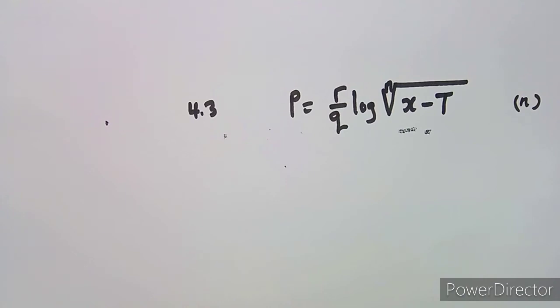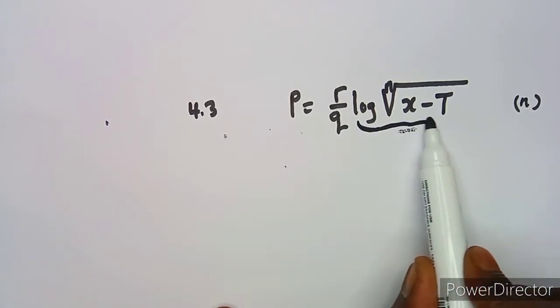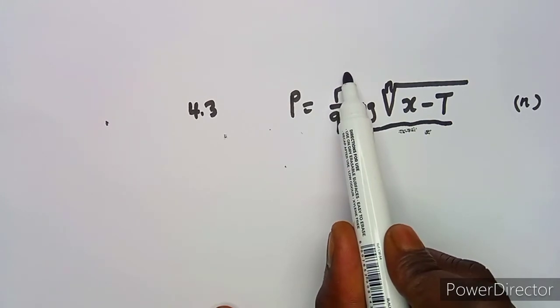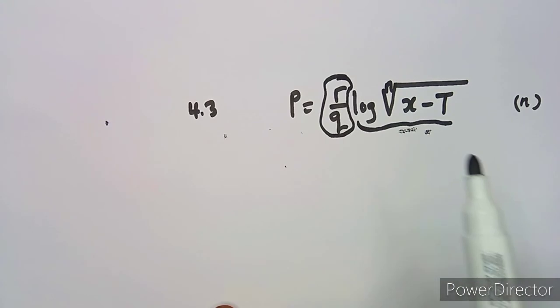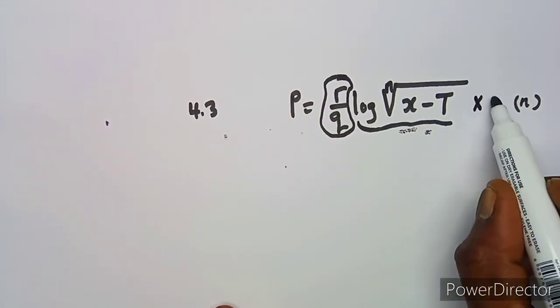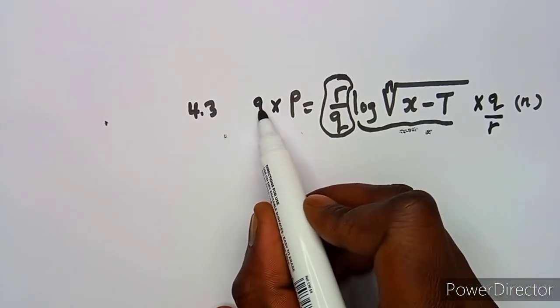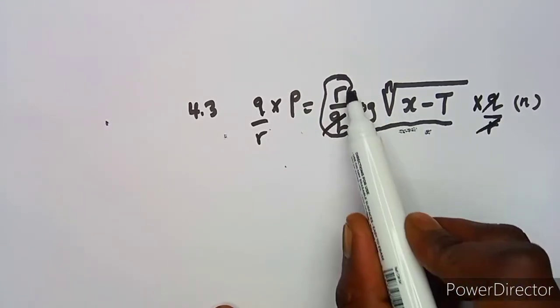I just want us to see something here. If we are to cross-check, the n that we want is actually part of this log here. So let's try and remove this part here, which is p over r, this one, because it's multiplying. So if we multiply by q over r both sides, that means we can actually remove this.